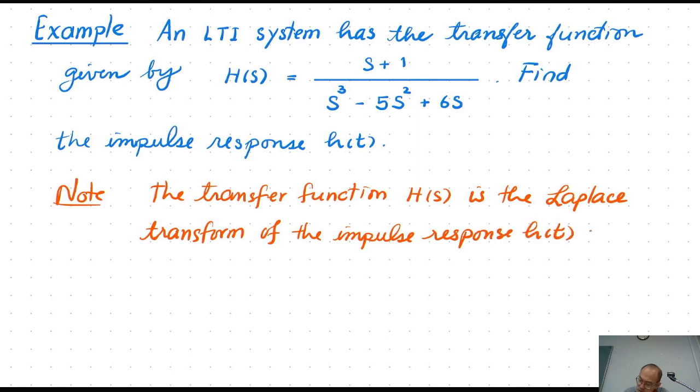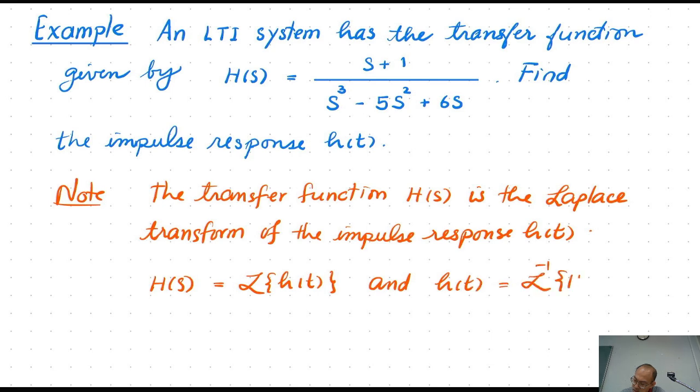In other words, H(s) is the Laplace transform of h(t). And so if you take the reverse path, the impulse response will be the inverse Laplace transform of the transfer function. Now, the question gives us the transfer function, right? And it wants the impulse response. So what we have to do is just take the inverse Laplace transform of H(s).